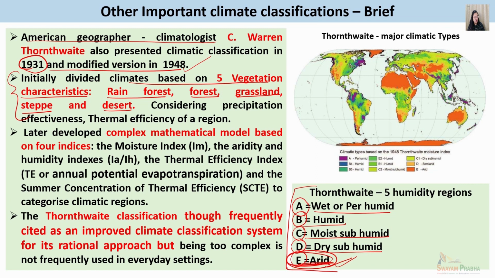So E in Thornthwaite's climatic classification represented arid type of climate and corresponds to desert type of vegetation.